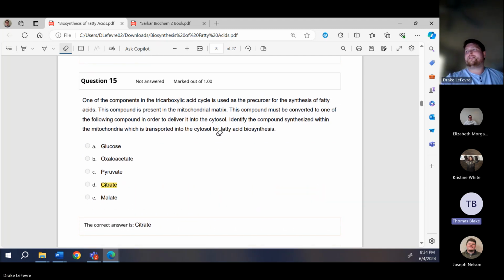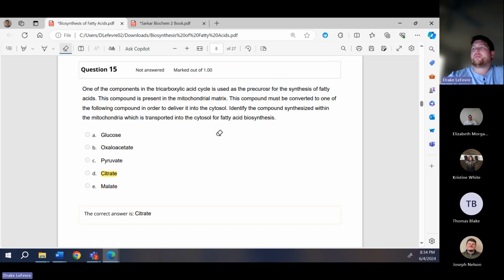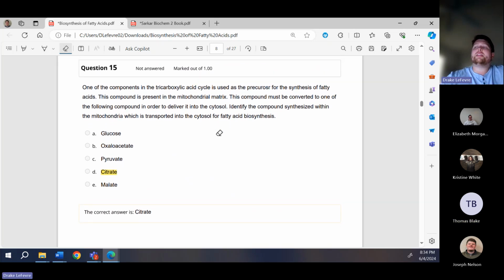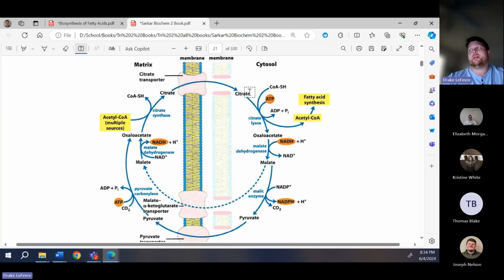So he's definitely going to want us to know about transport of acetyl-CoA. He'll want you to know the transport, and more than likely which ones cross over. So you'll want to remember citrate: the acetyl-CoA binds to the oxaloacetate to turn it into citrate.